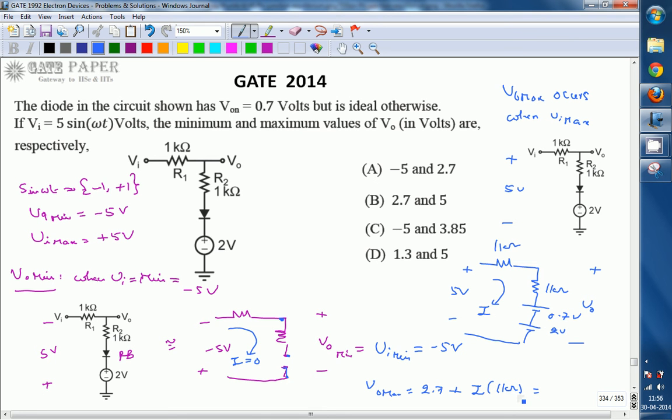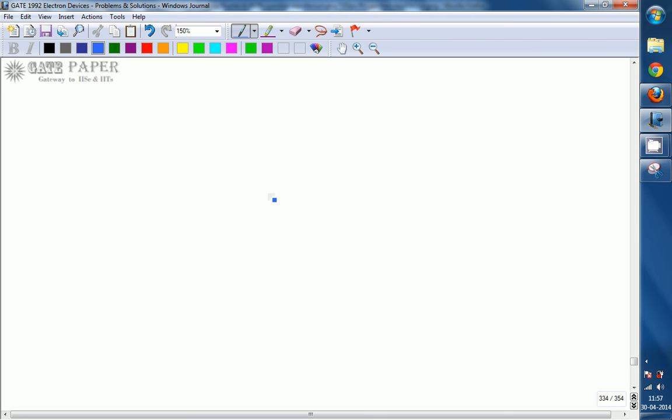The I can be calculated by using KVL. Apply KVL for that loop and calculate the value of I. So you can write V0 is equal to 2.7 plus I times R, which is 1 kilo ohm.